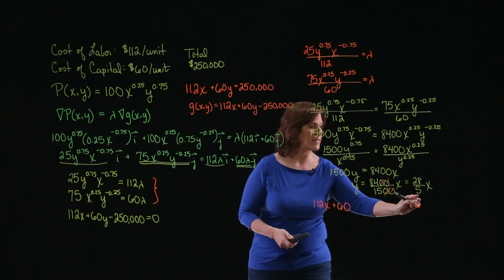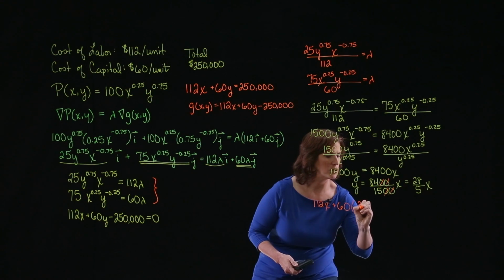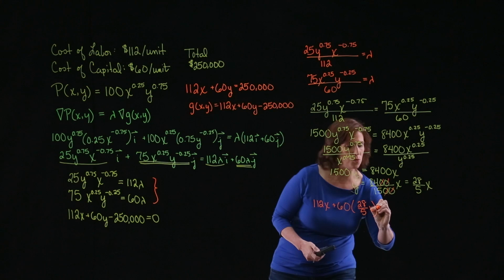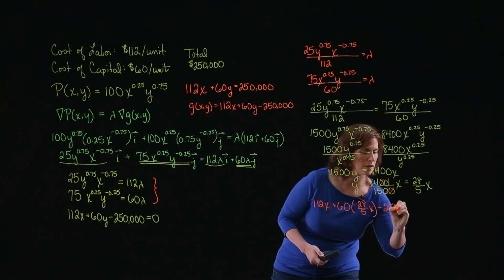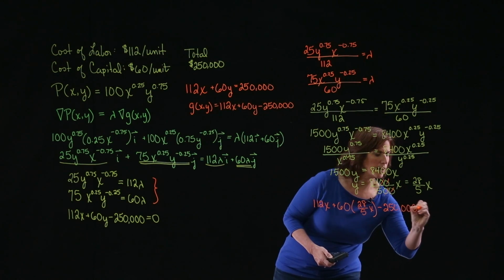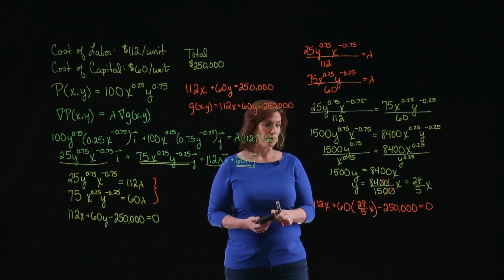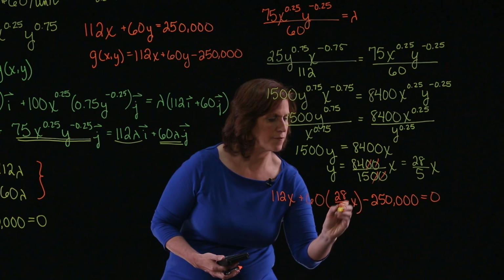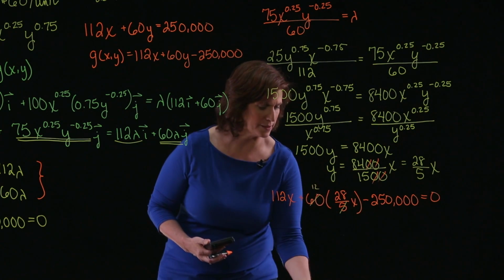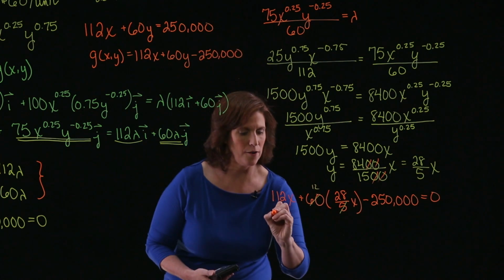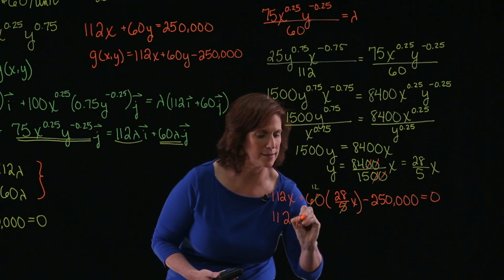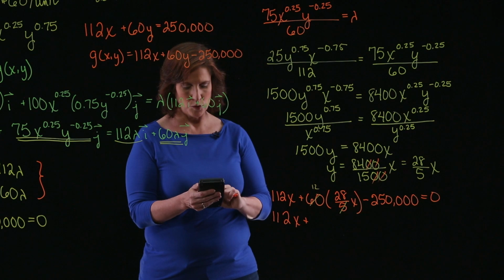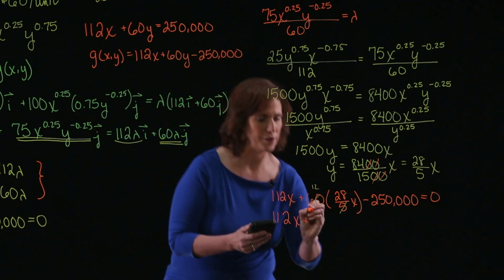And instead of y, I'm going to write it as 28/5 times x minus 250,000 equals 0. Okay, so again, I noticed that 5 divides into 60 12 times. So I have 112x plus 28 times 12. So 28 times 12 is 336.